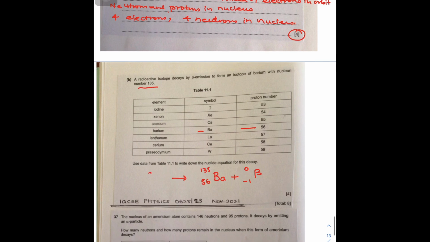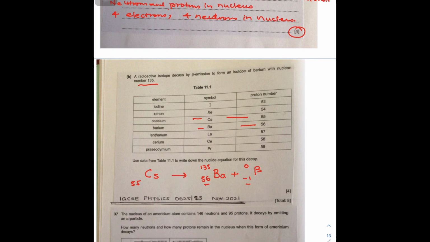We have to remember that it is coming from cesium, Cs. Now 56 minus 1 is 55. Why did I say it is coming from cesium? Because 56 minus 1 is 55, and 55 is for cesium. And the nucleon number is unchanged because 0 plus 135 is 135.